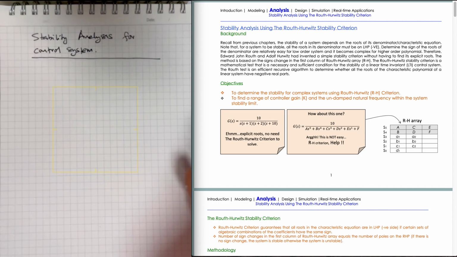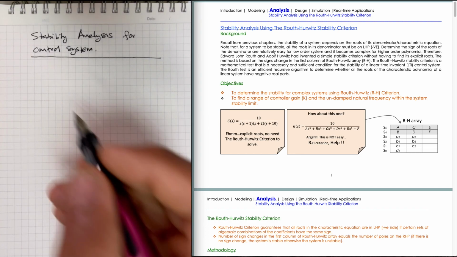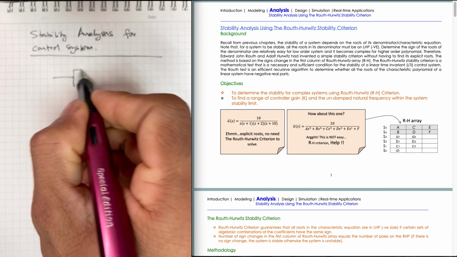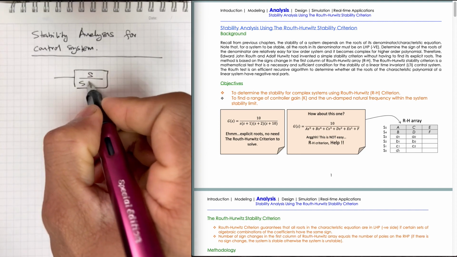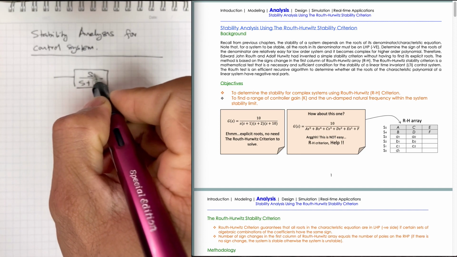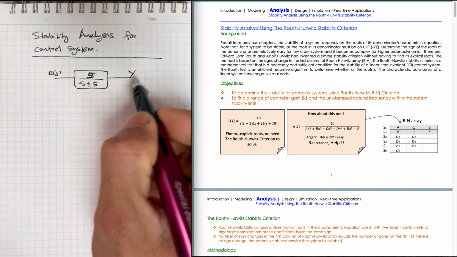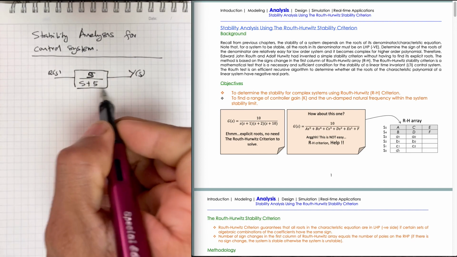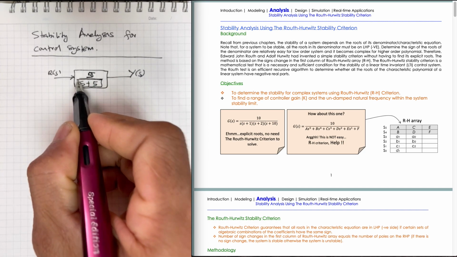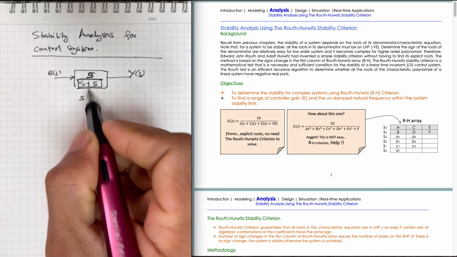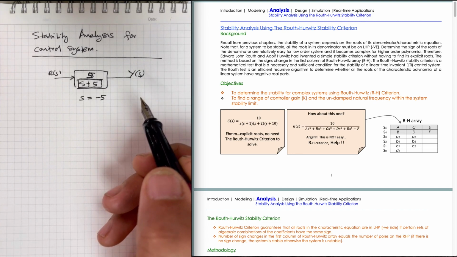So we have learned in the previous lectures to look at the roots of the denominator of the system. A simple example: if we have a system 1 over s plus 5, with R of s as input and Y of s as output, is the system stable or not? We find that the root of the denominator is -5.